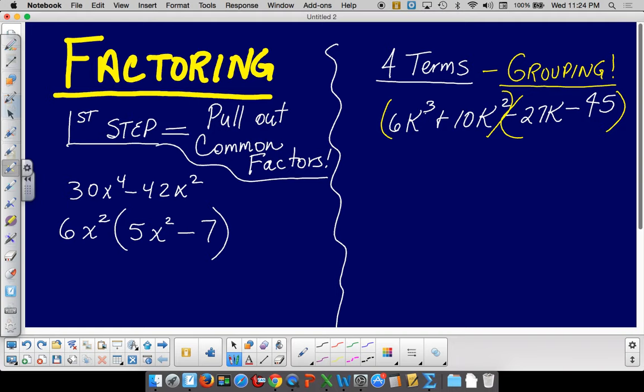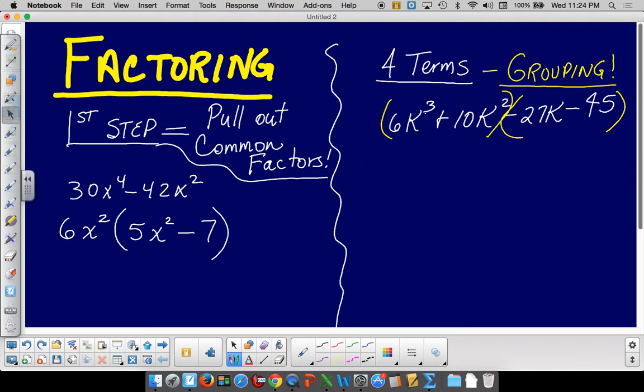So as I look at the first 2, just the first 2, ignore the last 2. What's in common to just the first 2 terms? Well, 6 and 10 would have 2 in common. And how many k's could I pull out? Well, yep, looks like I could pull out k squared.